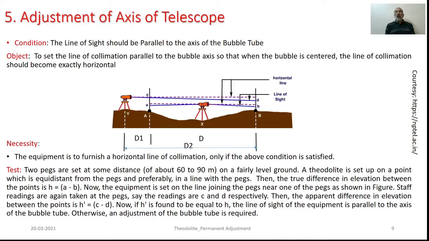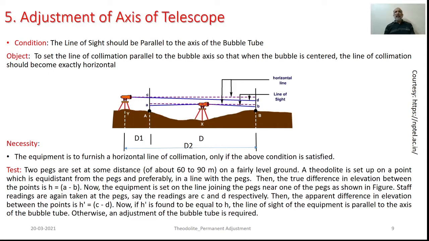So, in order to check that, we have two stations A and B set at, say, 60 to 90 meters away. We keep the equipment exactly midway between. With the equipment level, we take the readings a and b on stations A and B respectively. As such, we determine the true difference in elevation h, because here the lines of sight are balanced.